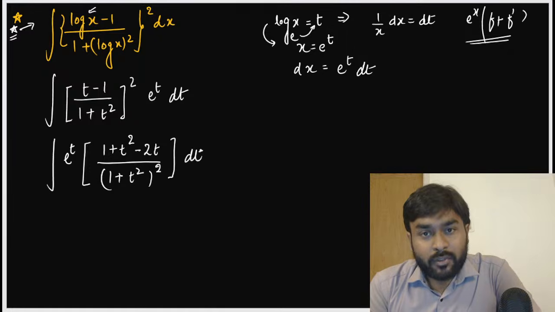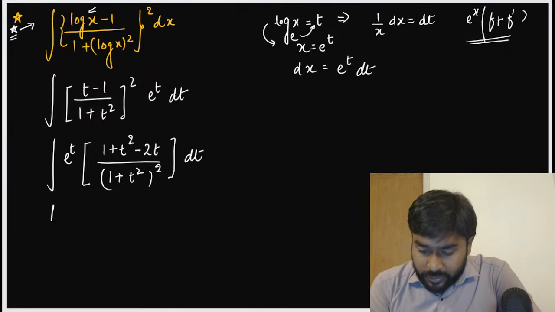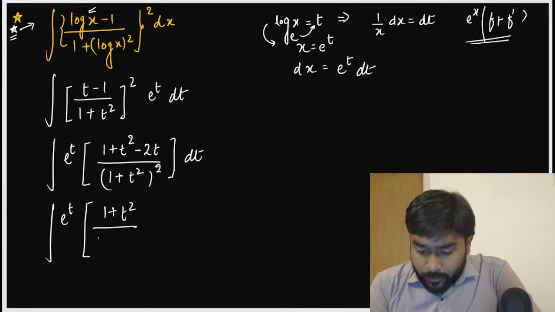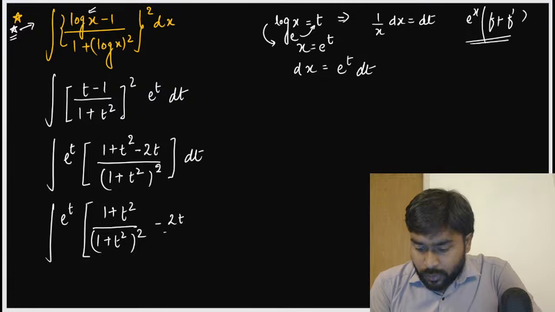Here dt. Okay, so after this we are having what? This we can separate. So it will become e power t. Then here 1 plus t square divided by 1 plus t square whole square. And second term will be what? Minus 2t over 1 plus t square whole square. This you will get. Correct?